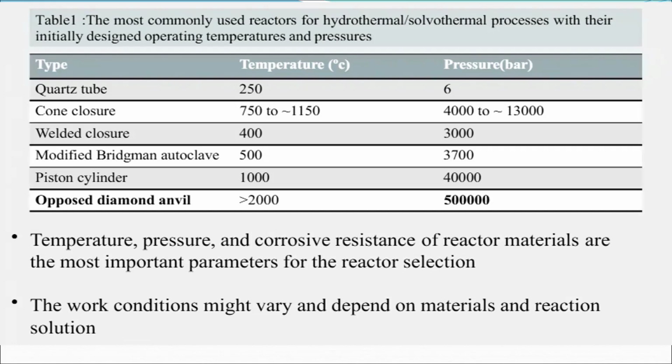So temperature, pressure, and corrosion resistance of reactor materials are the most important parameters. The work conditions might vary depending on the materials and reaction solutions.